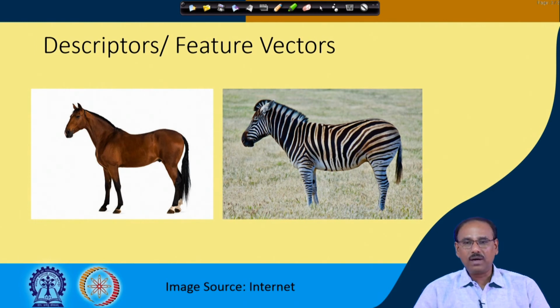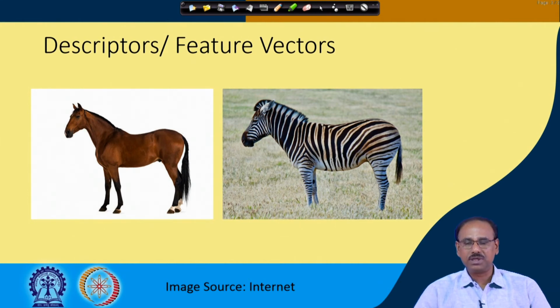That is, what is the property of the region bounded within this boundary. So, if you look on the left where I have a horse or on the right where I have a zebra, in case of a horse, the color of the bounded region and the texture of the bounded region is totally different from the color and texture of the bounded region corresponding to a zebra. So, in case of a zebra, I have black and white stripes, which usually I do not have in case of a horse.